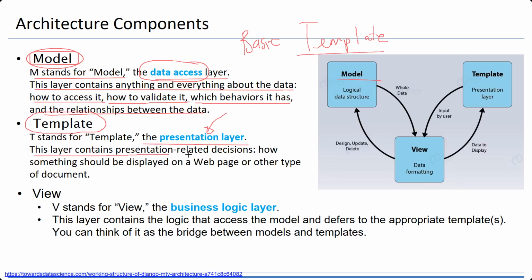This layer contains presentation related decisions: how something should be displayed on the web page or other type of document. We are using HTML to show our data, and in some of our displays, we are using the API. And last time we used the docs, if you still remember, to show the data that we can see on the web.